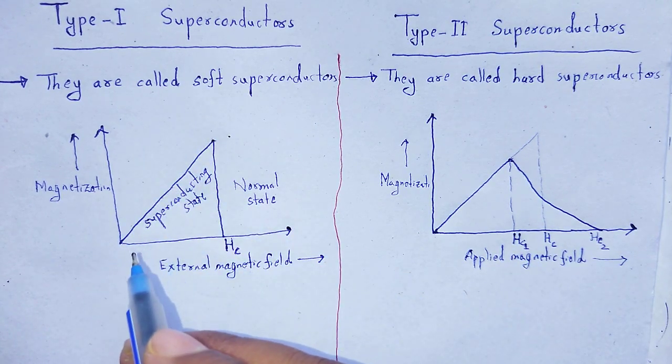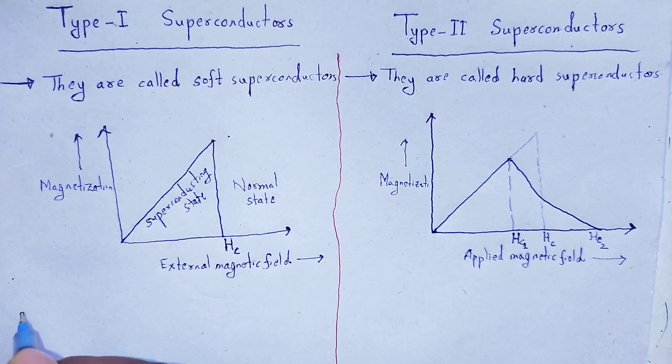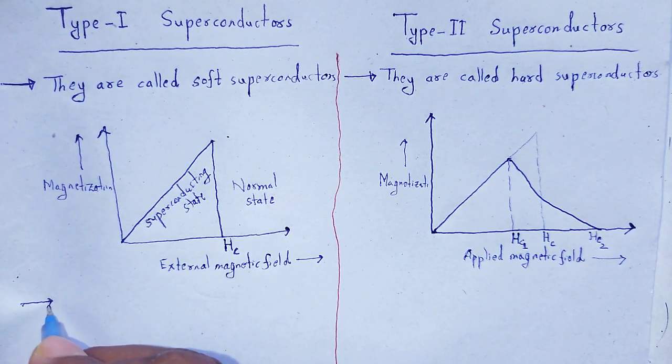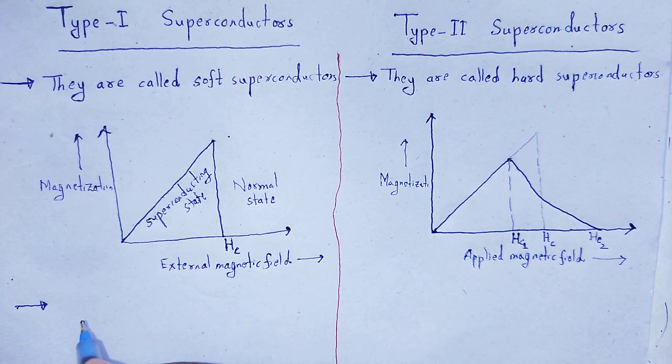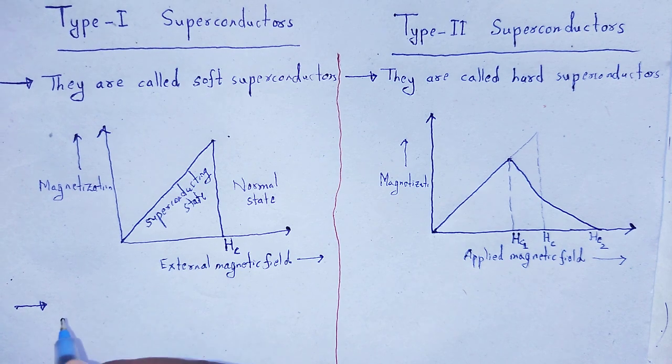In case of type 1 superconductors, they strictly obey the Meissner effect.